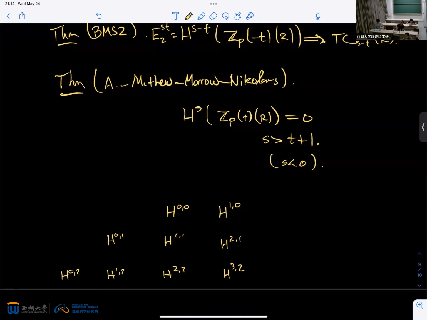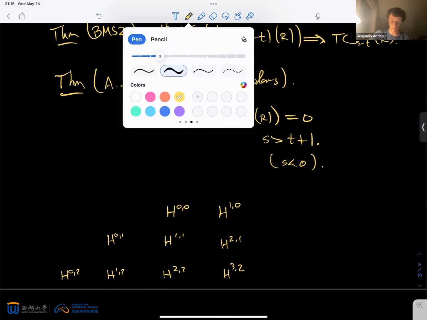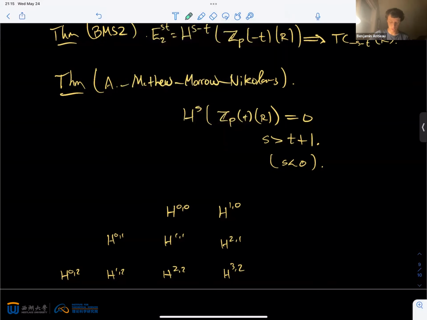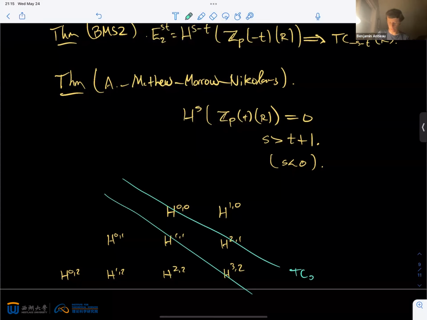And then the stuff contributing to a given degree are these anti-diagonals. Let's get a different color. So this is TC0, this is TC1, this is TC -1, and so forth.